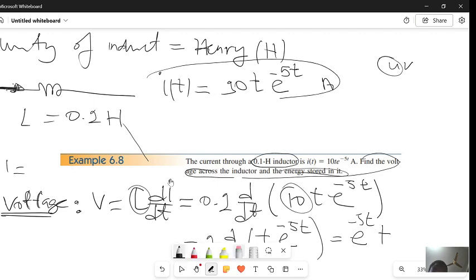So I will finally have minus 5 multiplied by t exponential minus 5t.